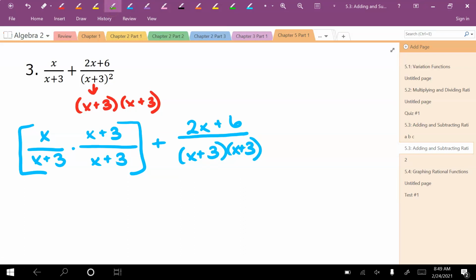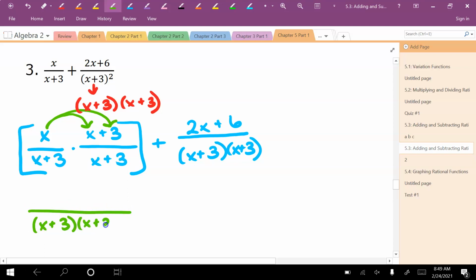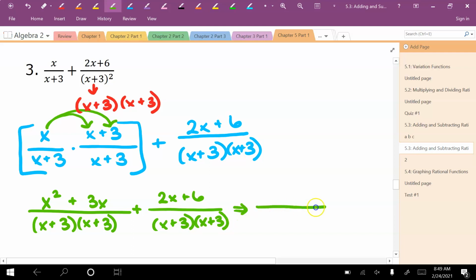Okay, for this first one, when you guys distribute the x, what does it say on top now? Good, x squared plus 3x. Okay, so now if we simplify our numerators, what does it say on the top when you combine like terms?